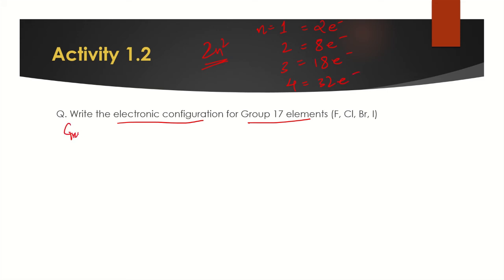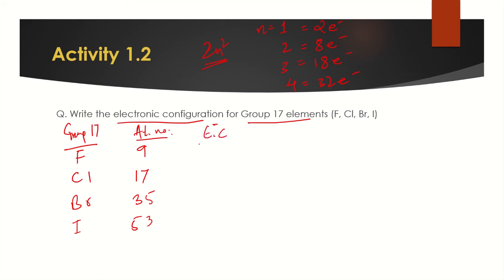So let me write group number 17. The elements present are fluorine, chlorine, bromine, iodine, astatine, but we will only write till iodine. The atomic numbers are fluorine 9, chlorine 17, bromine 35, iodine 53. Now let us write the electronic configuration.